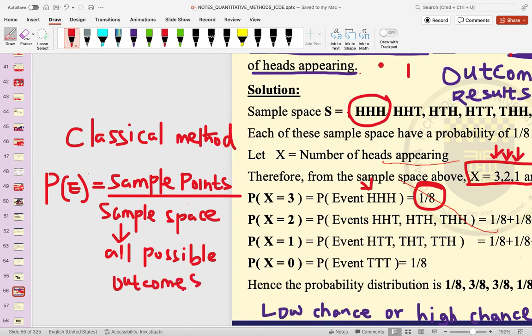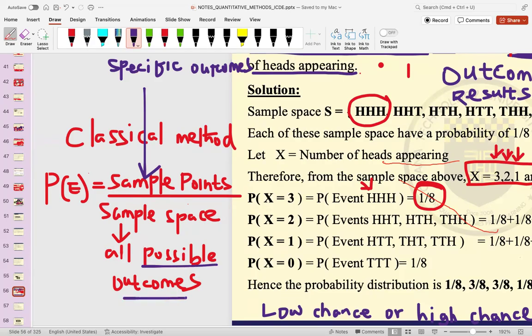What about the next one, the sample point? Now, sample points are specific outcomes. And then sample space is all possible outcomes.